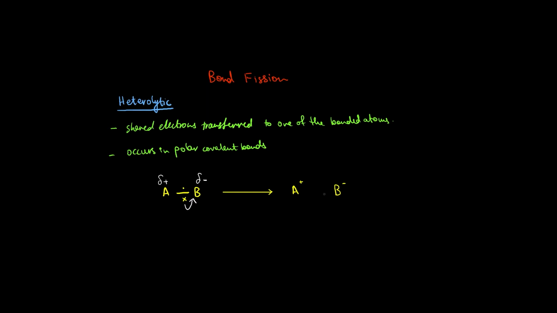That leads to atom B getting an extra electron, so it forms an anion, and atom A gets one less electron because it has contributed a bonded electron, so that leads to the cation A. What we are trying to deduce is that heterolytic fission leads to a compound being broken into ions.